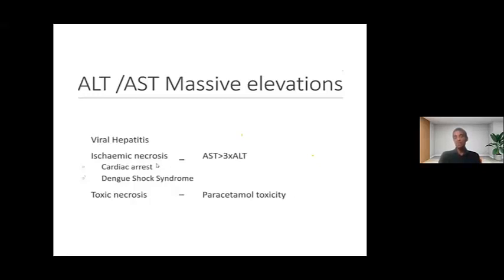So if there's an ischemic element to the liver, invariably it will affect the kidneys as well. So with the massive elevation of AST and ALT, you will see a rising creatinine, where the etiology suggests systemic hypotension, and it is most likely due to ischemic hepatitis.